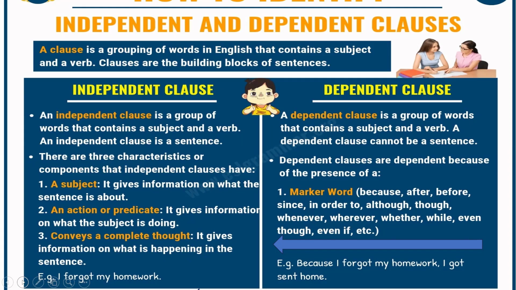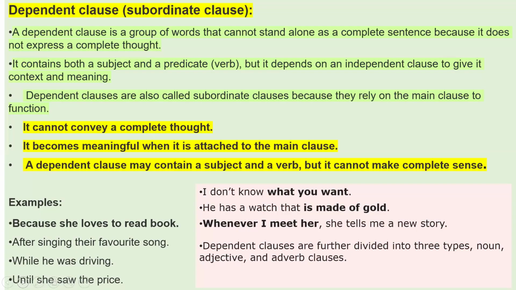So "I got sent home" is an independent clause giving complete meaning. "Because I forgot my homework" is the dependent clause. So we have learned all the differentiation and types of dependent and independent clauses.